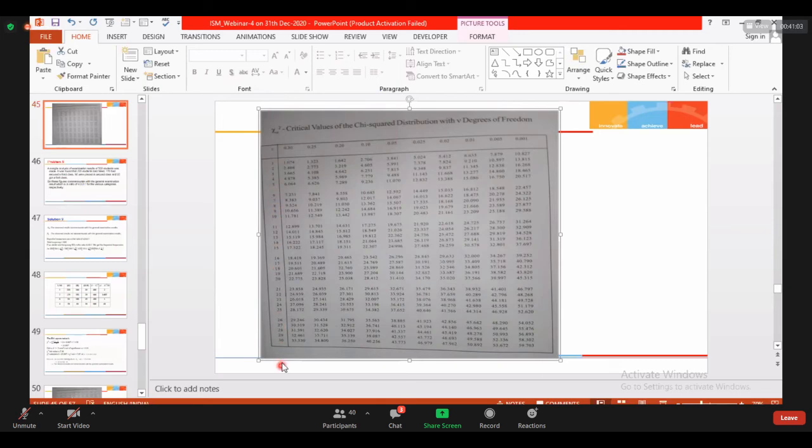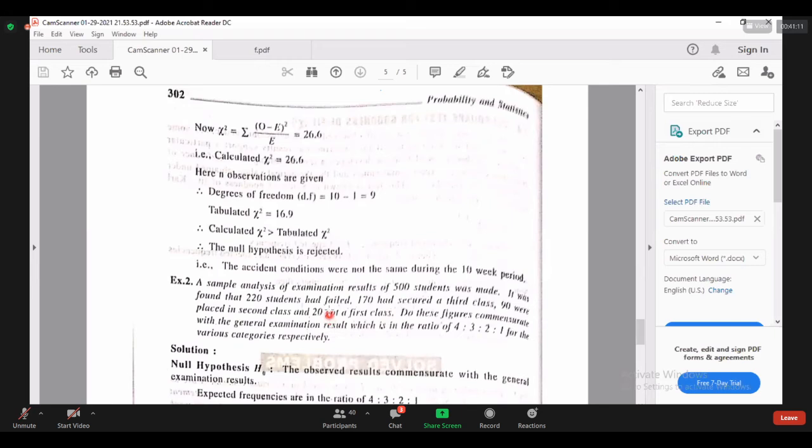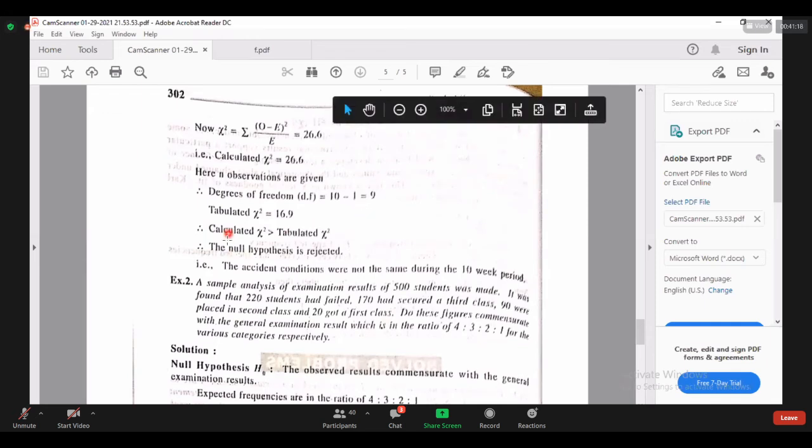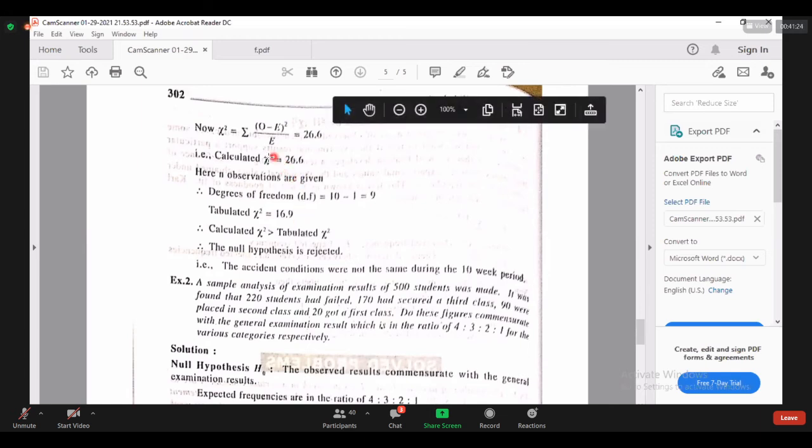The first column indicates the degrees of freedom. The corresponding value is called the chi-square tabular value. Using the table you can get the table value. Here, for 5% level of significance and 9 degrees of freedom, the table value is 16.9, and the calculated value is 26.6.